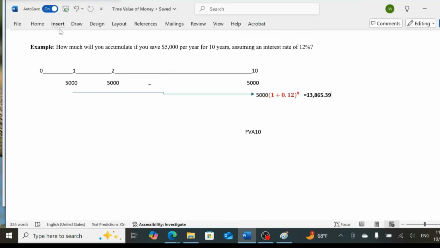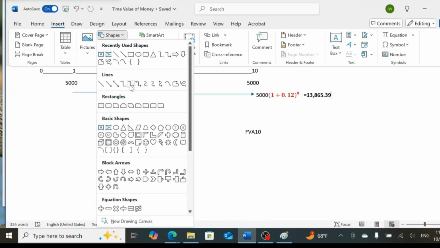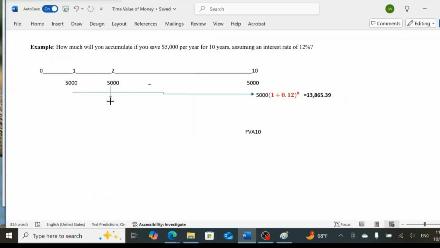So what about the second $5,000? The second $5,000 will grow to how much? So it's a single cash flow future value problem.